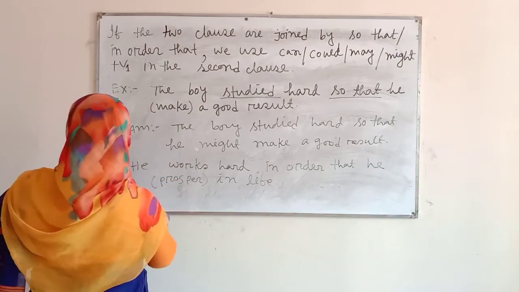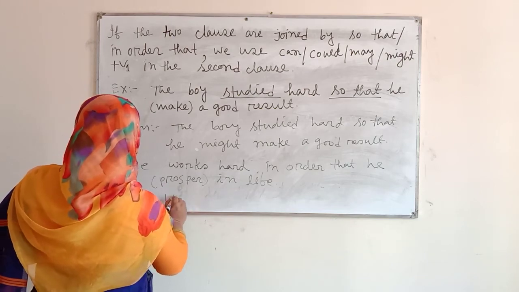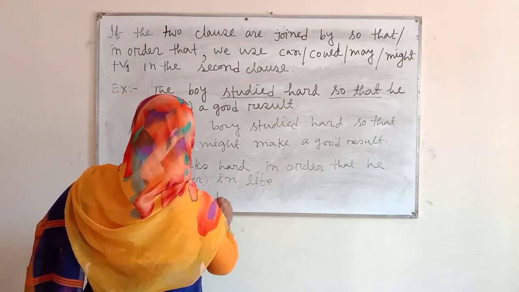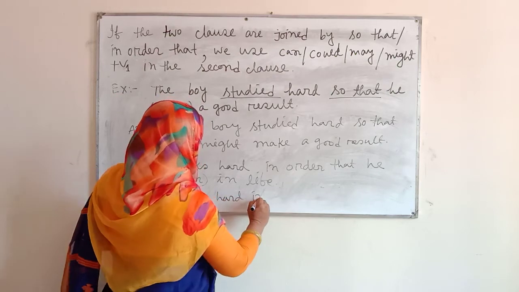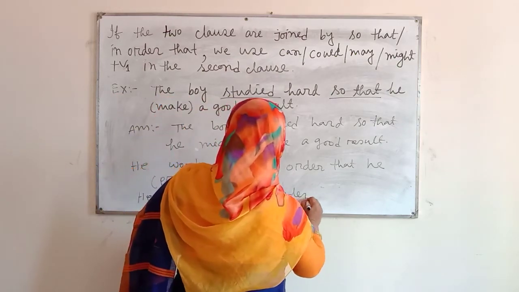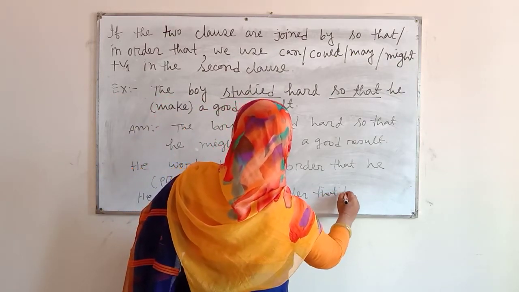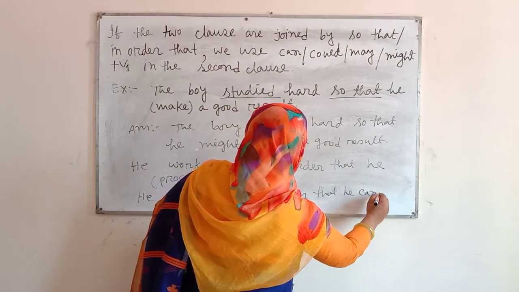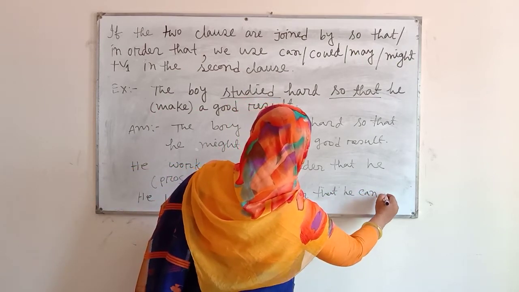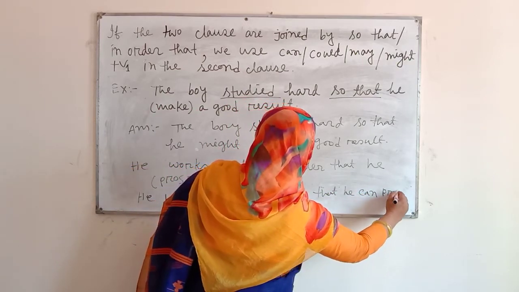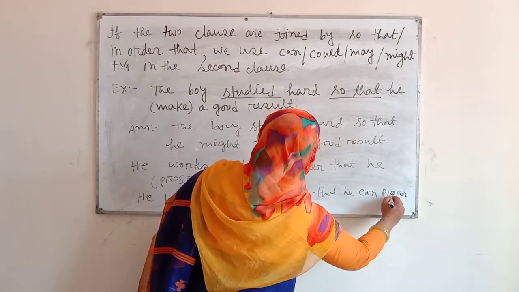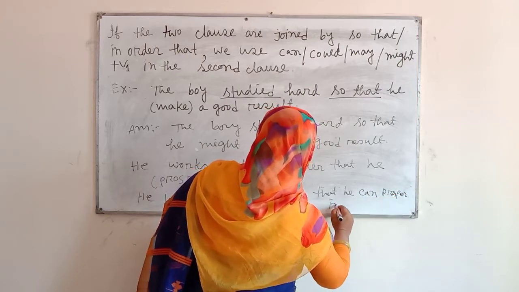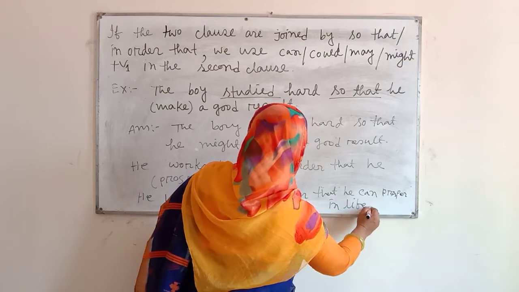So our answer is he works hard in order that he can or may. You can use anyone. Prosper, verb 1, ভার্বের কোন ফর্ম বসবে? প্রেজেন্ট ফর্ম। Prosper in life.